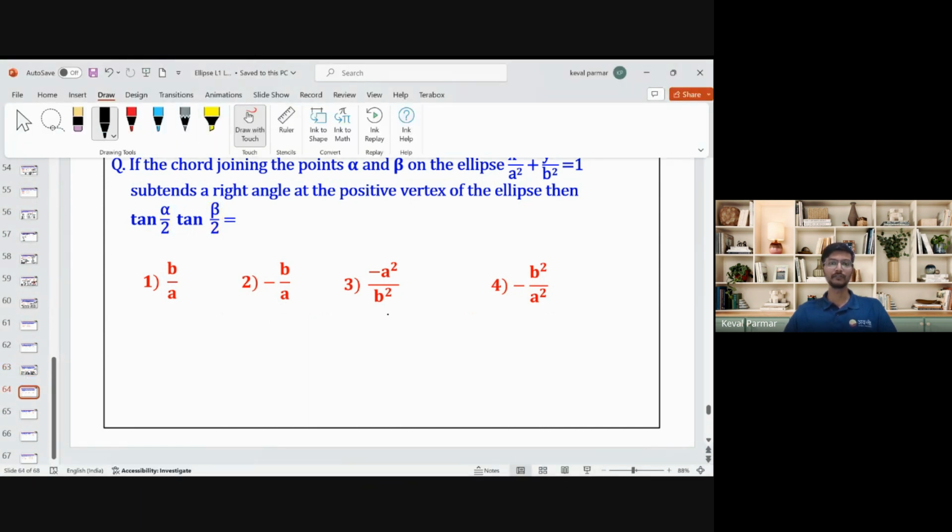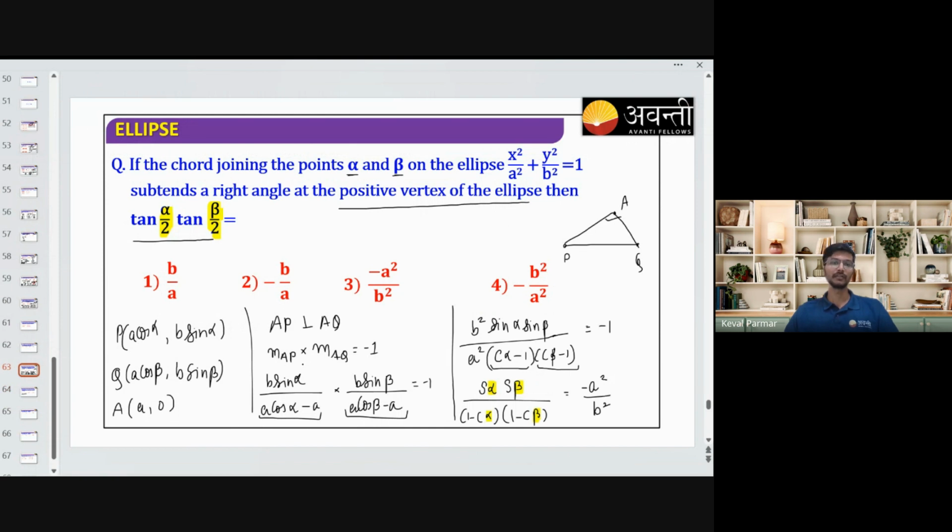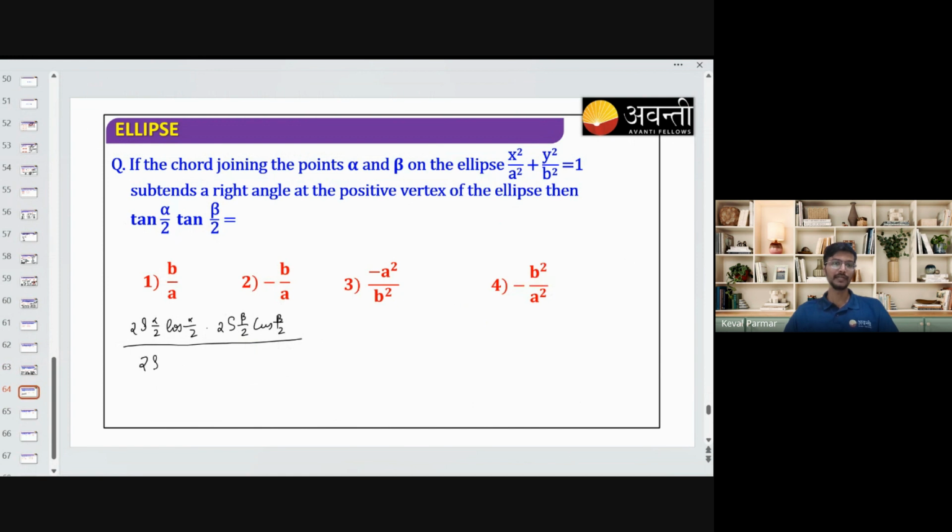What is the half angle formula for sine? Sine alpha will be 2 sine alpha by 2 cos alpha by 2, into sine beta, 2 sine beta by 2 cos beta by 2, upon the denominator, where 1 minus cos alpha is 2 sine square alpha by 2 and 1 minus cos beta is 2 sine square beta by 2, equals minus A square upon B square. Here 2 and 2 will get cancelled.